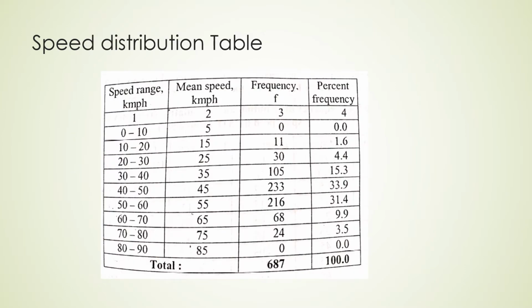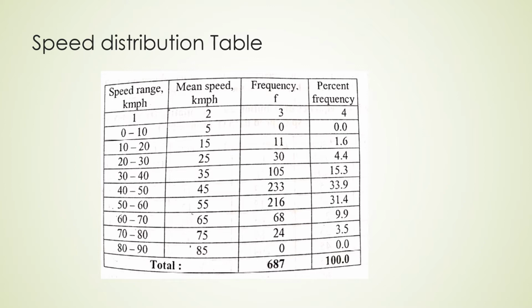Now this is a speed distribution table. From the spot speed studies on that particular road, either by pneumatic tubes, the stopwatch method, the photography method, or radar meter methods, you get the spot speeds of different vehicles on a particular stretch. What we do is we categorize them.